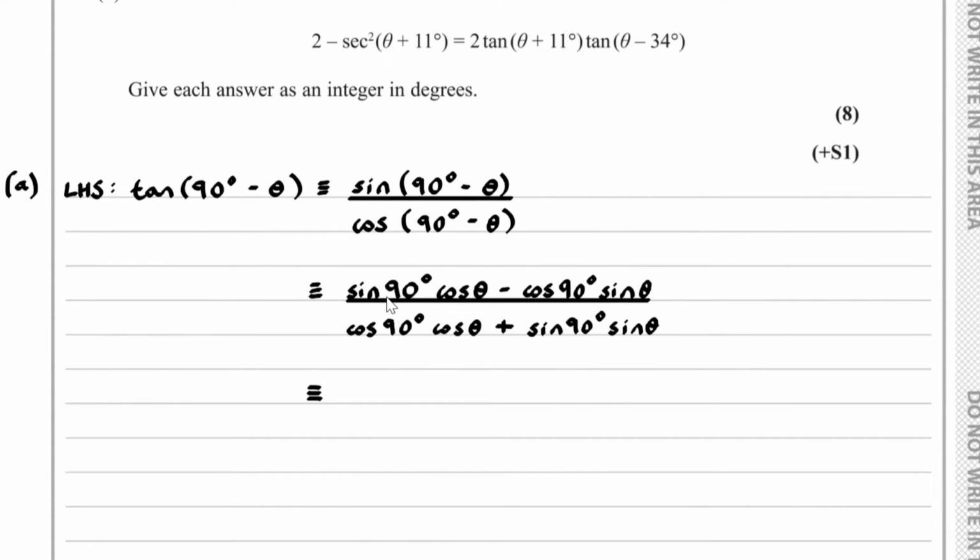So, sine of 90, that's 1, so we've got 1 times by cos theta, which is cos theta, and cos of 90 is 0, so we've got 0 times by sine theta, which is 0.